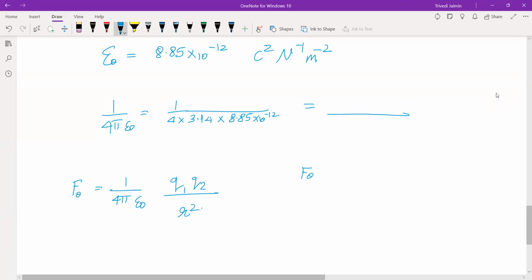So we can say F naught by F equals K. So F equals 1 by 4 pi epsilon Q1 Q2 by R square, and F naught equals K. So with this one, we can say F naught by F equals K.